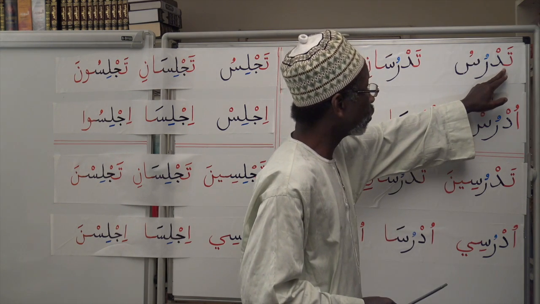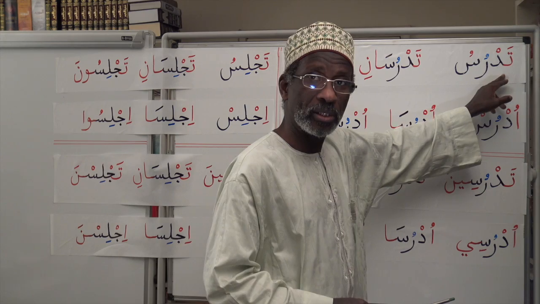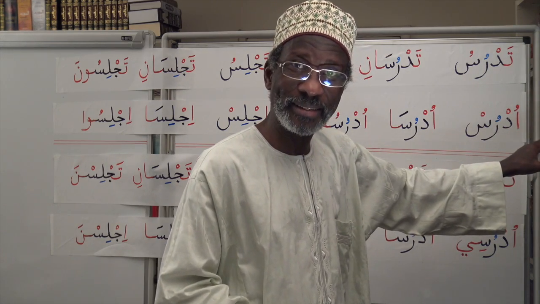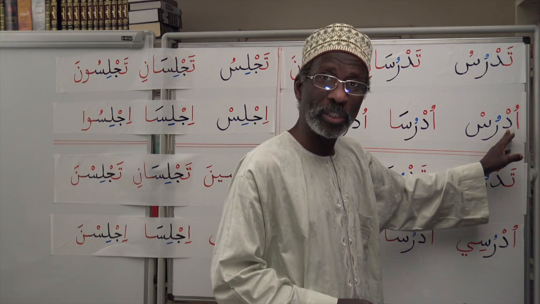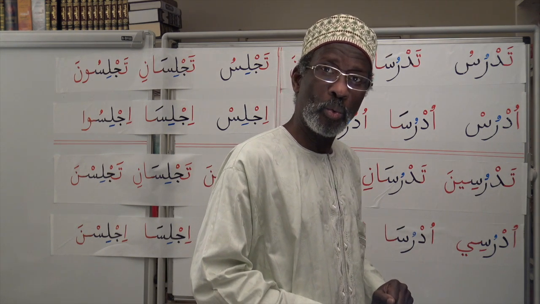Now, the first thing we need to do is remove the prefix from the present tense and replace it with alif, which is your alif of imperative. How do we determine the vowel on that alif of imperative?